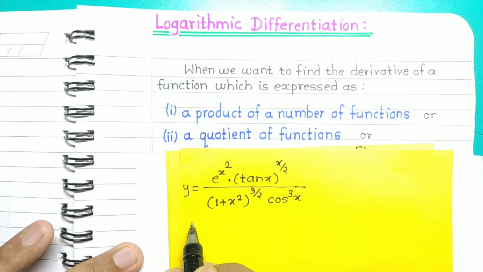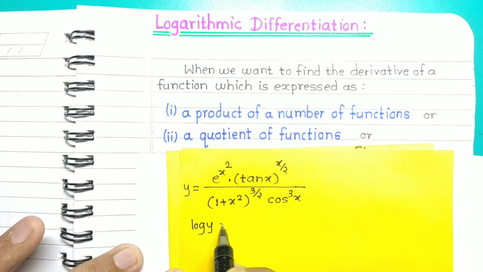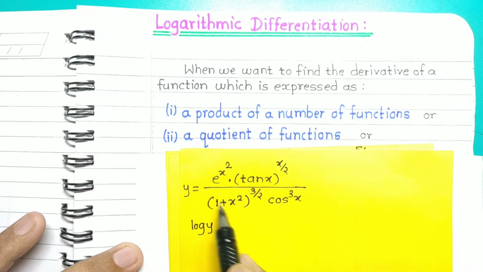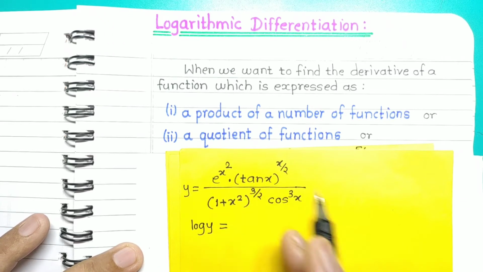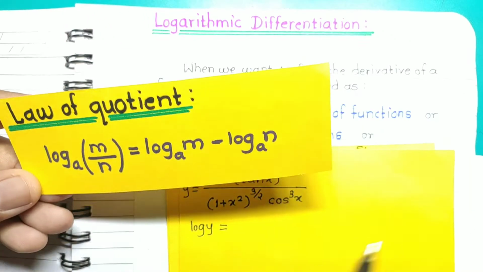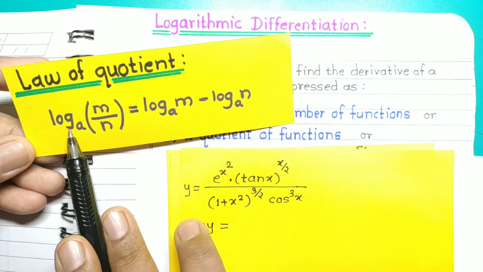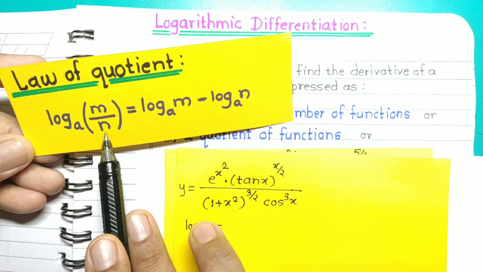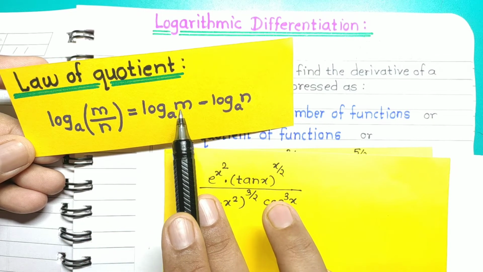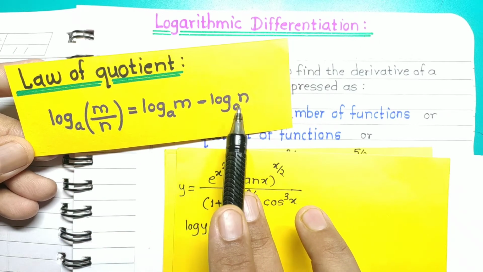Taking logarithm on both sides, we get log y is equal to log of this quotient. So using the law of quotient, when log contains m by n, we can write it as log m minus log n.